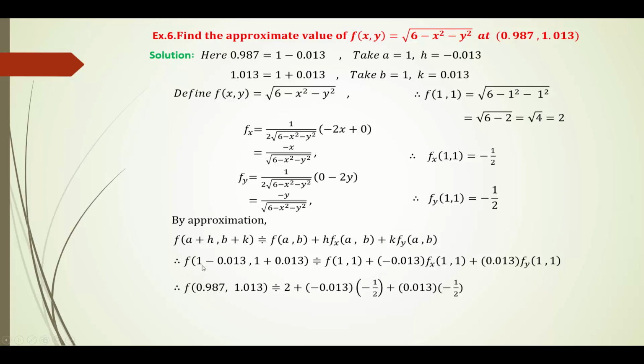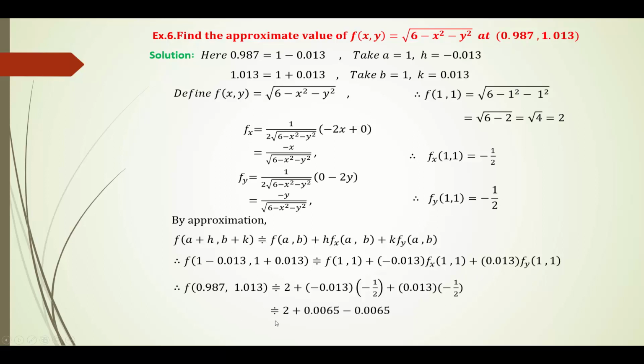Therefore f(0.987, 1.013) is approximately equal to f(1,1), which is 2, plus minus 0.013 into fx(1,1), which is minus 1 half, plus 0.013 into fy(1,1), again minus 1 half.